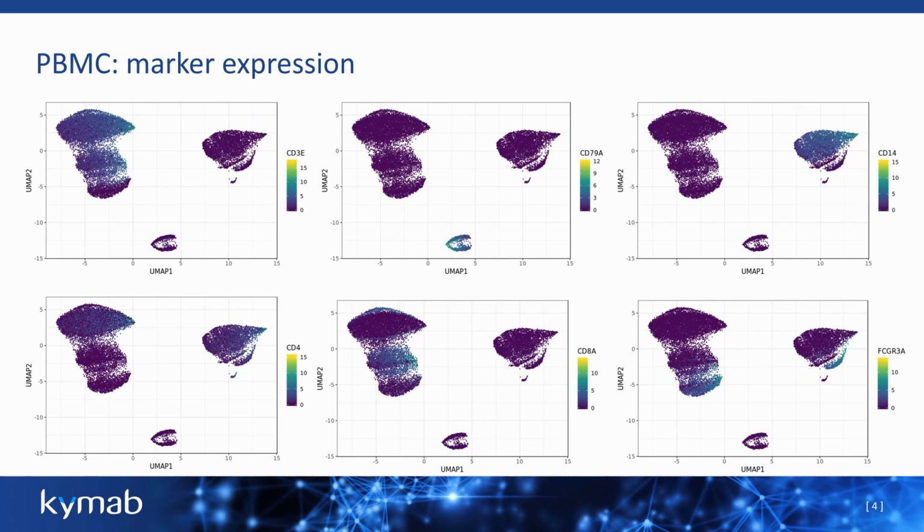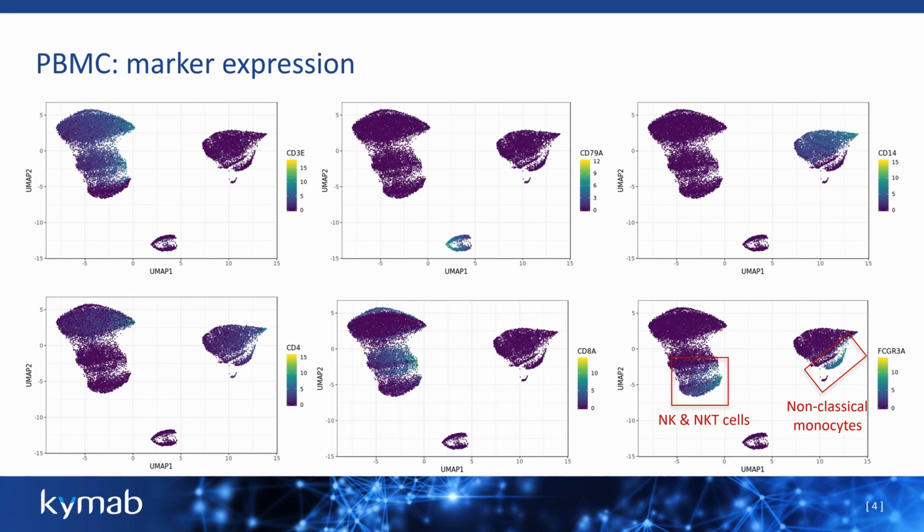And then if we drill down a bit more, in that T cell compartment, we've obviously got CD4 cells, we've got CD8 cells, and then the marker here is called Fc gamma receptor 3A, also known as CD16. It's expressed on two very different types of cells.